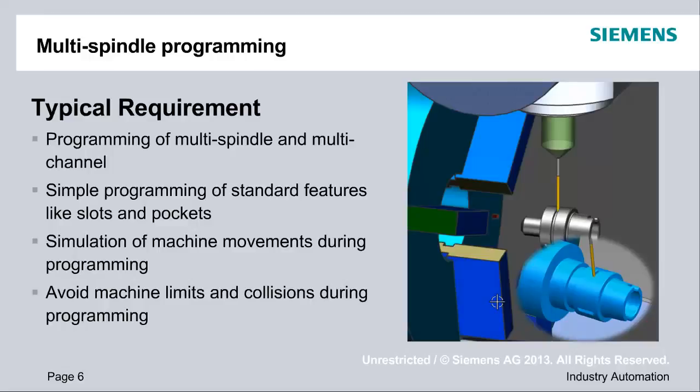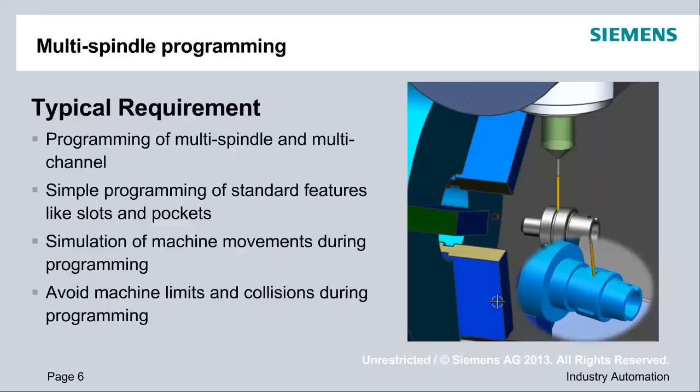In many cases, the operations on a mill-turn machine are not complex free-form surfaces. You may have this, but in most cases you have simple geometry, complex in the process, but the geometry itself is in many parts a simple slot or a hole or a pocket.